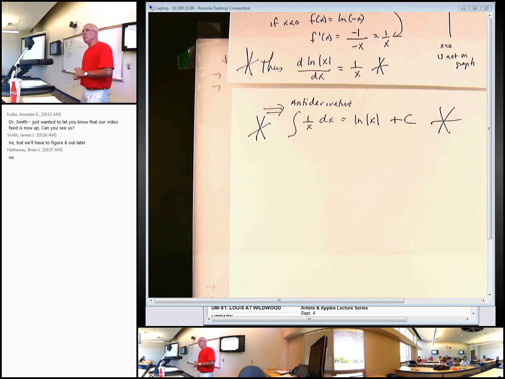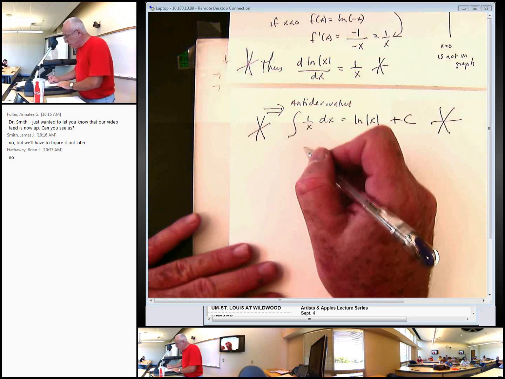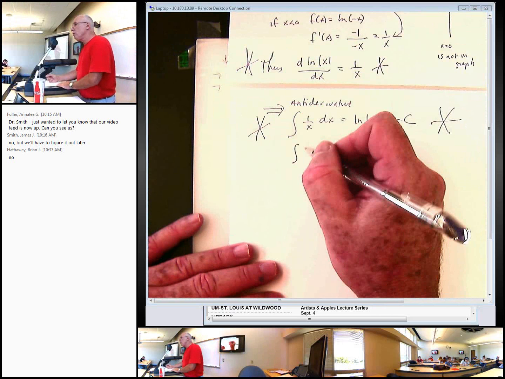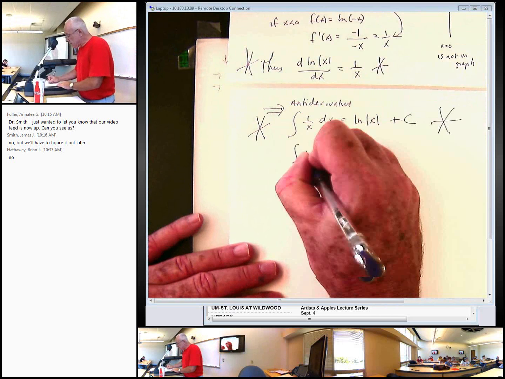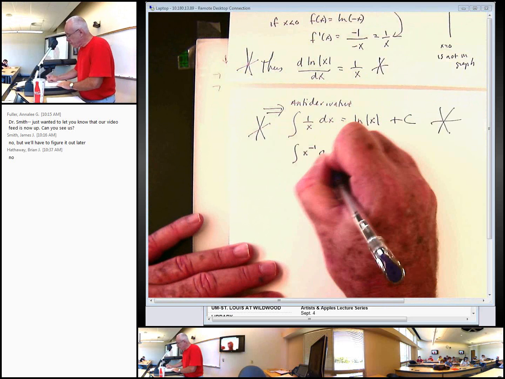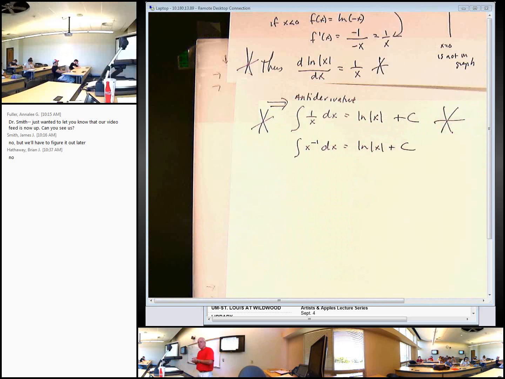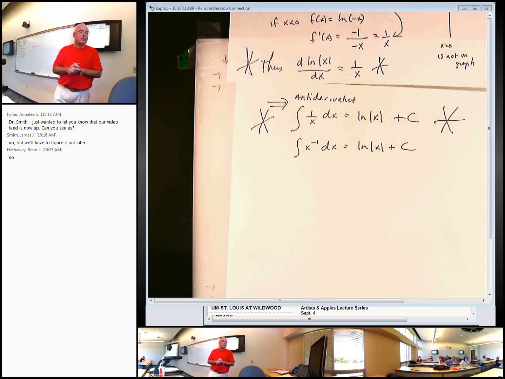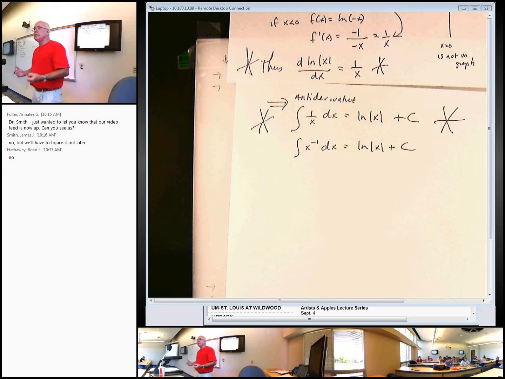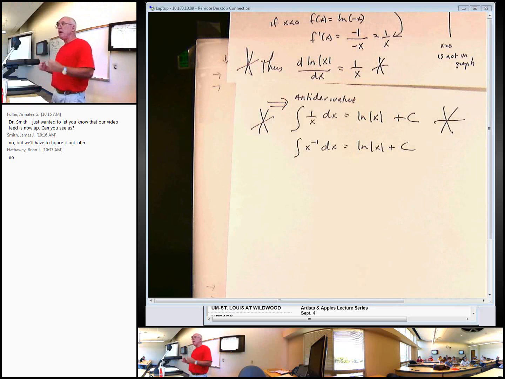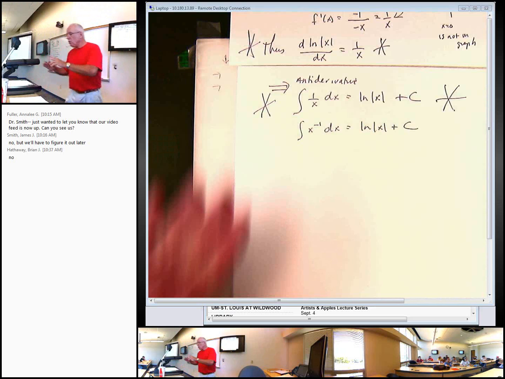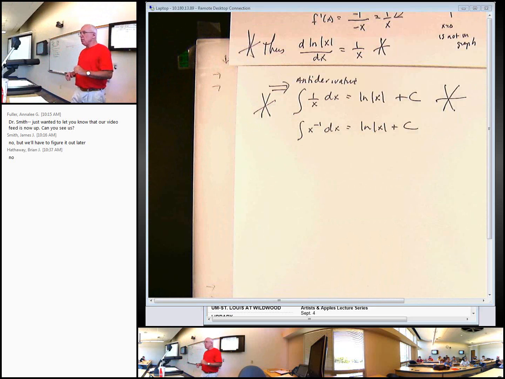Important, right? Of course, another way we can represent this is, instead of writing 1 over x, it could be written as x to the negative 1 power. So you could sometimes see the antiderivative of x to the minus 1 is equal to the natural log of the absolute value of x plus c. All right. So we're going to work with these antiderivatives now for a few examples.